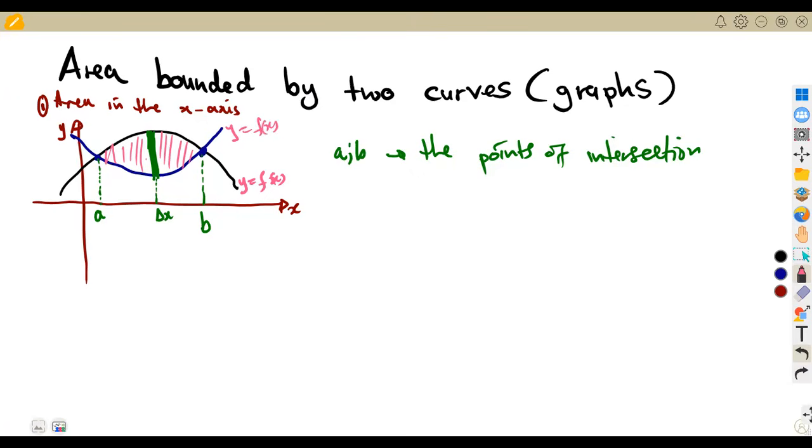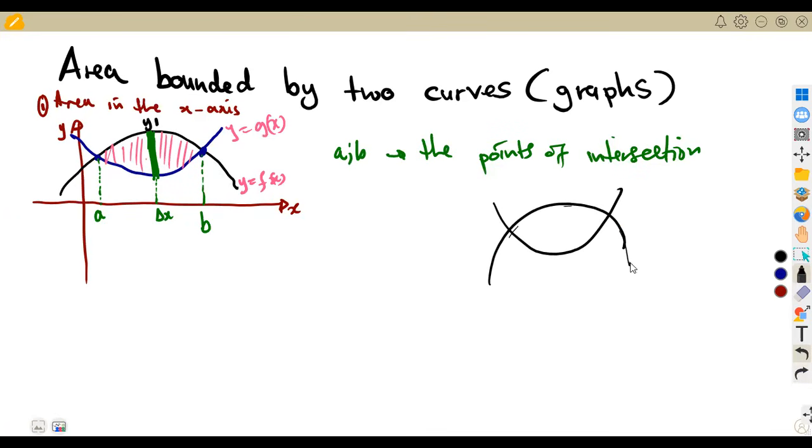Maybe we can just say y is equal to g of x, because we are just talking about a function being in terms of x. So we've got two functions that we have, the one that is on top and the other one that is below. So we're going to consider the graph that is on top. We can just write this in terms of y1. The graph that is below, we consider to say your graph as it goes up like this.